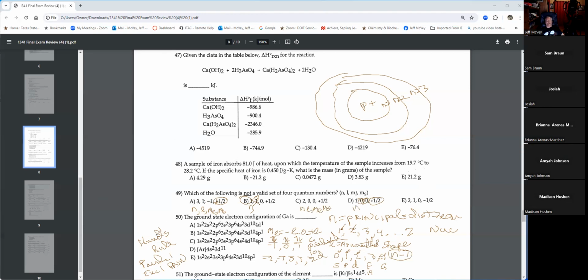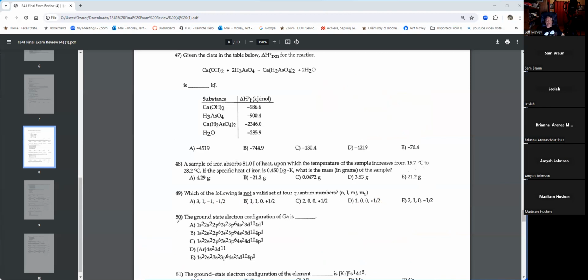Let's do the electron configuration for gallium and call it quits. So this is a full electron configuration. I don't have a periodic table, so I'm just going to have to rely on my knowledge of the periodic table.